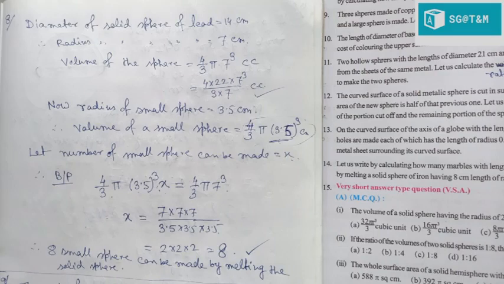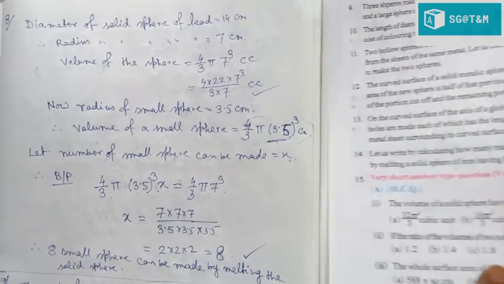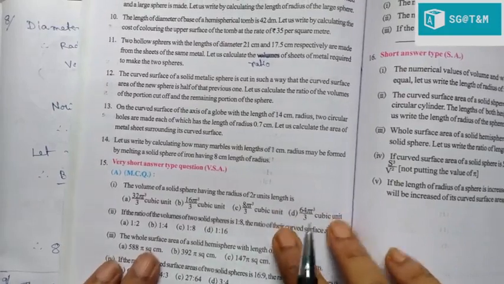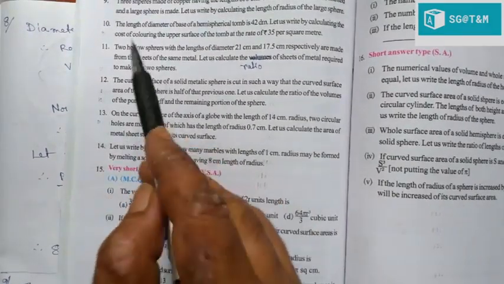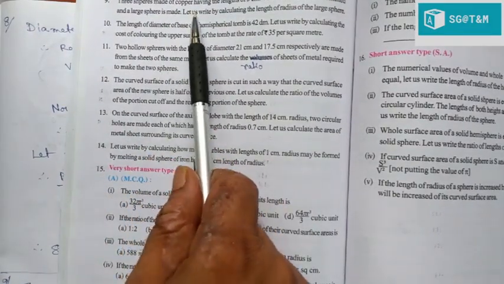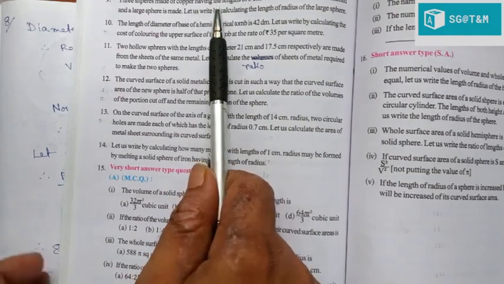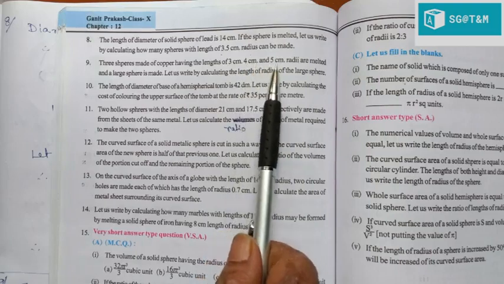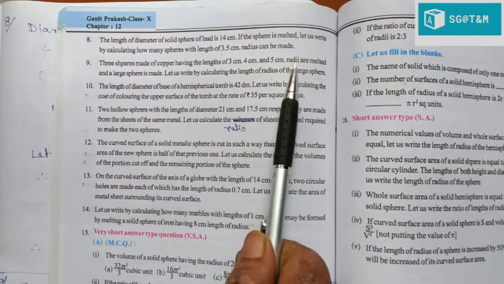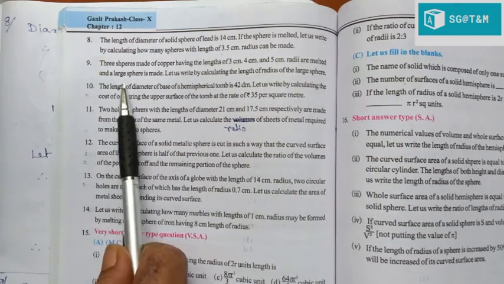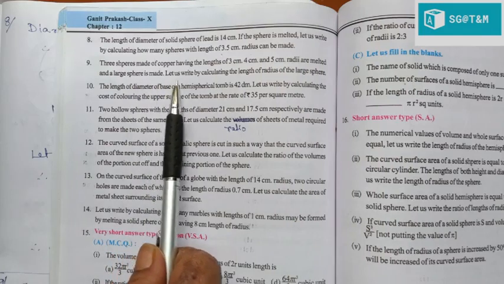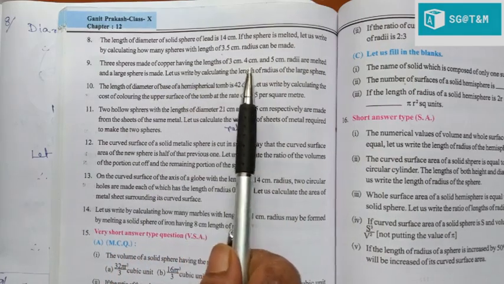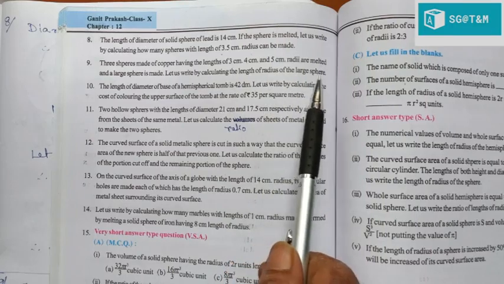Next we start problem number 9. What is problem number 9? Just read it out first. Three spheres made of copper having radii of 3 centimeter, 4 centimeter and 5 centimeter are melted and a large sphere is made. Let us write by calculating the length of the radius of the large sphere.